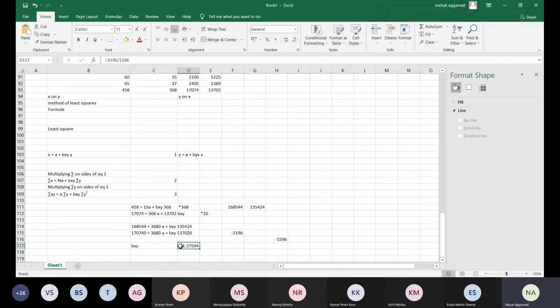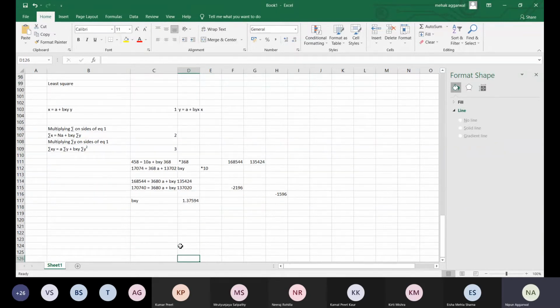That value is greater than 1, and it is possible for a regression coefficient to take a value greater than 1. A correlation coefficient cannot take a value greater than 1, but regression can. So the bxy value comes out to be 1.37594.